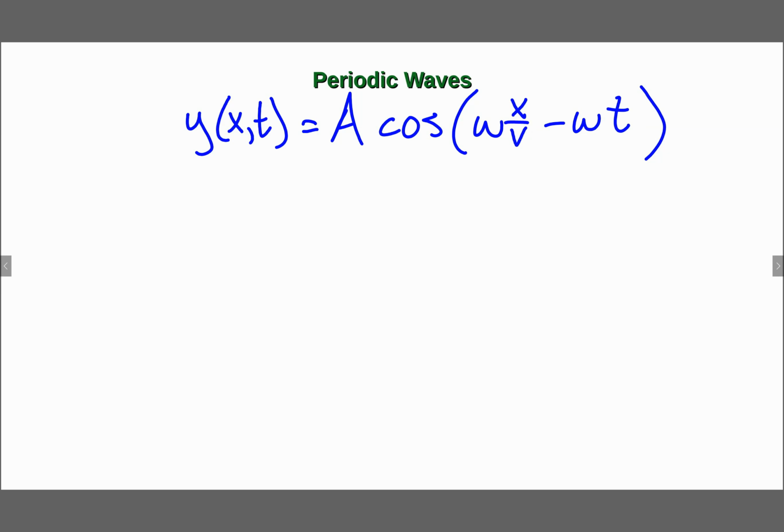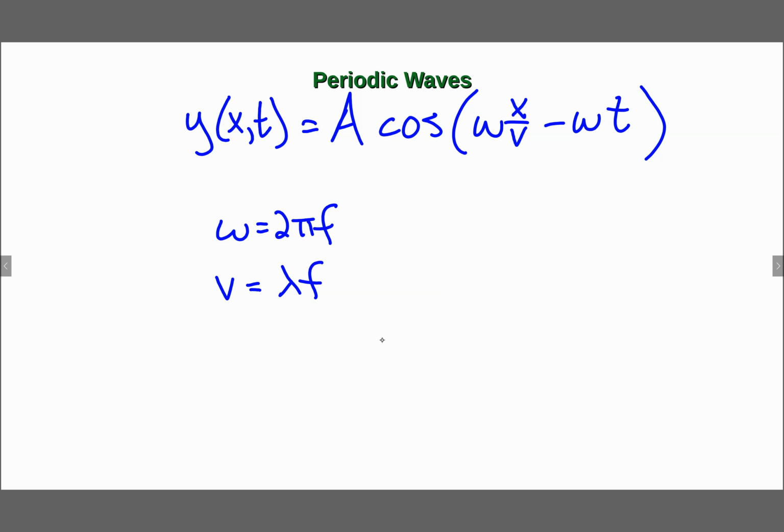Okay? And then this x over v term can be written as, remember, omega equals 2 pi f, right? And remember that v equals lambda f, okay?